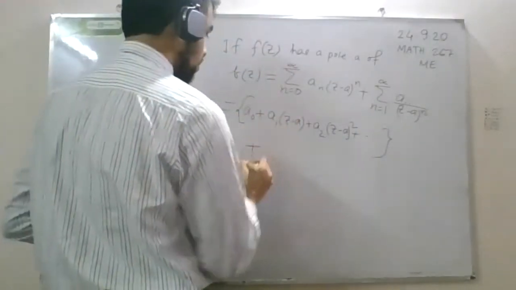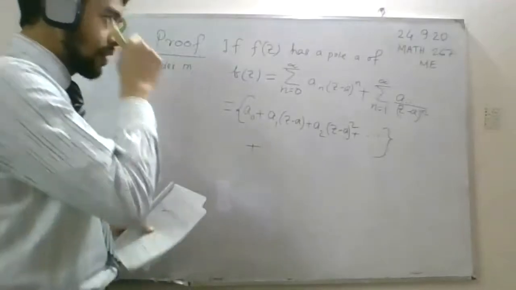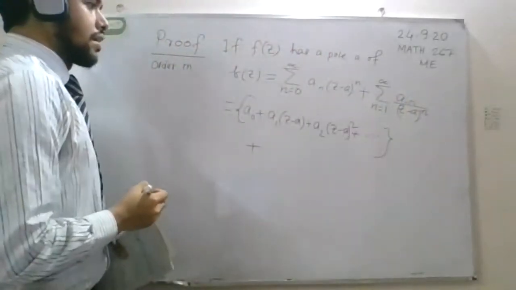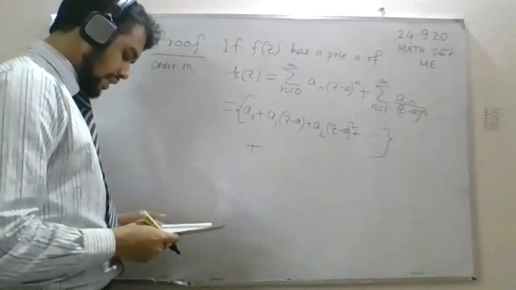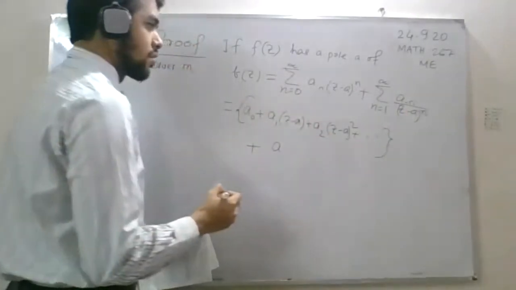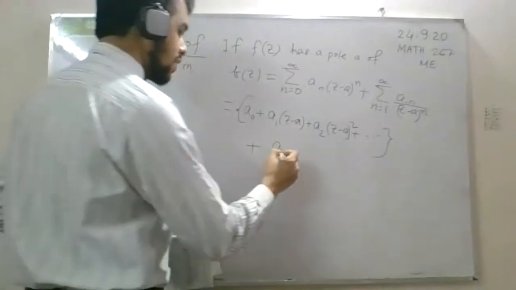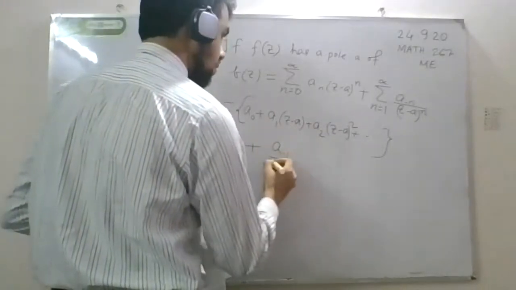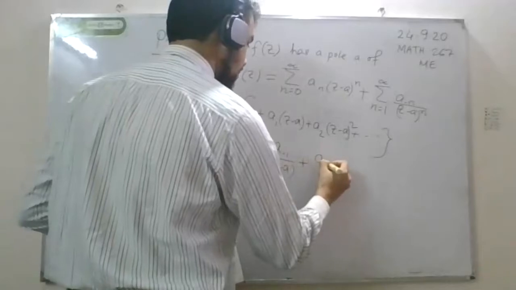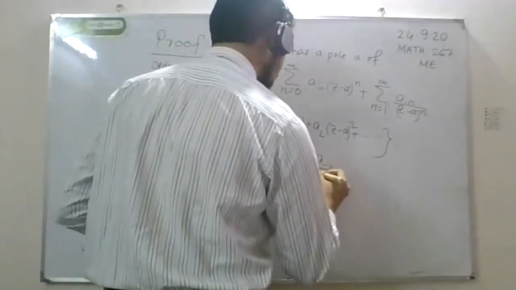And also, plus, you can also write that. Sorry, this is minus. Okay. Now, you can also write these things in this way, if you put n equals 1, you can say this.